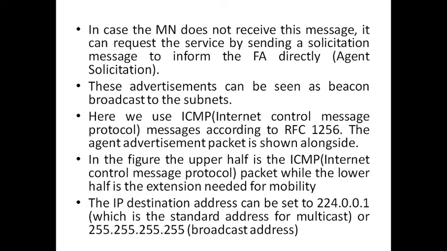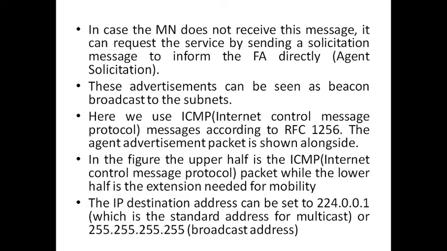So for now, all other foreign agents will advertise their presence by using ICMP packets. ICMP is nothing but Internet Control Message Protocol. There is a diagram for this. As I already told you, the total mobile computing subject will have so many diagrams, one diagram for one topic. So here also, for agent advertisement, we will have a diagram.